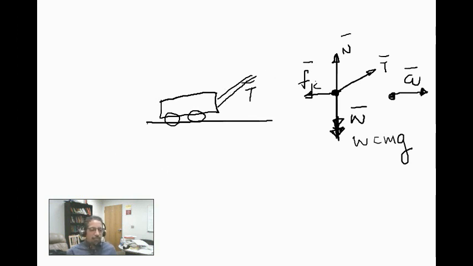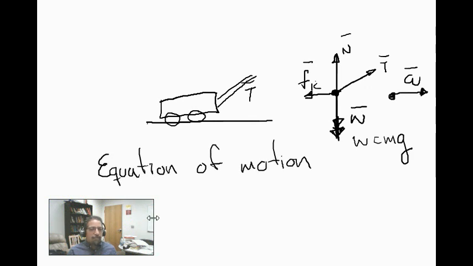Let us write the equation of motion. By equation of motion, I mean simply the restatement of Newton's laws in ways that are adapted to the problem at hand. In this case, we are going to have that the net force is the sum of forces, and these forces are simply added as vectors. So even though we see things down or left, we don't care.